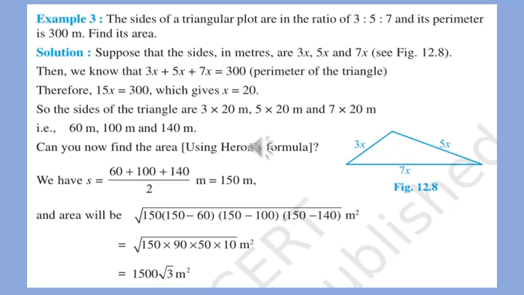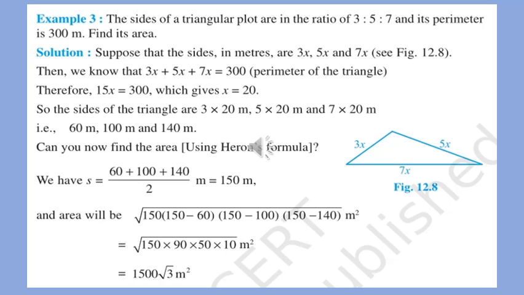So let the sides in meters be 3x, 5x and 7x. Now perimeter means the sum of all sides. So 3x plus 5x plus 7x equals 300 meter. So 15x equals 300, which gives x equals 20 meter.